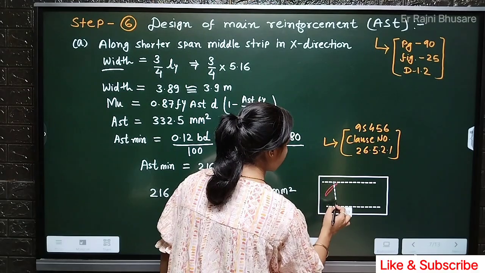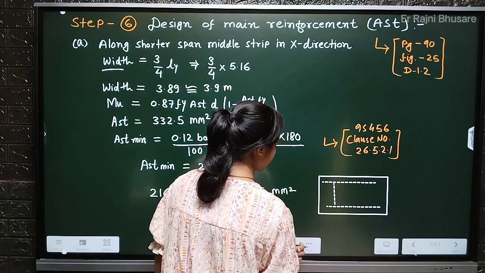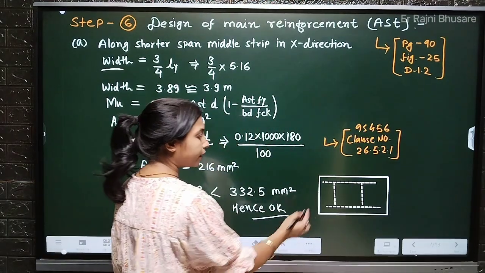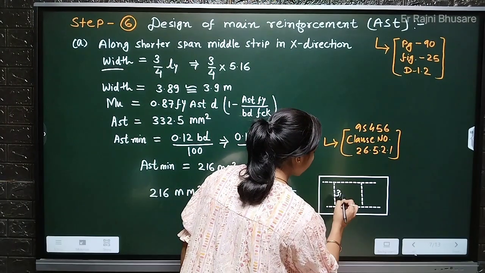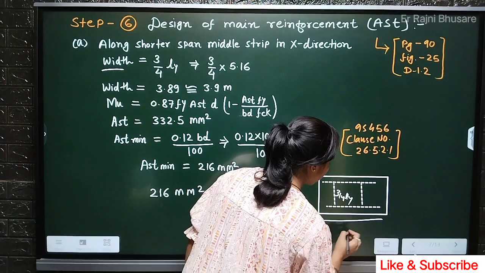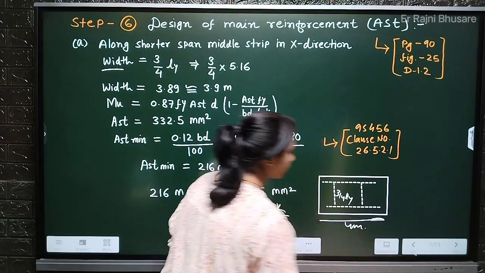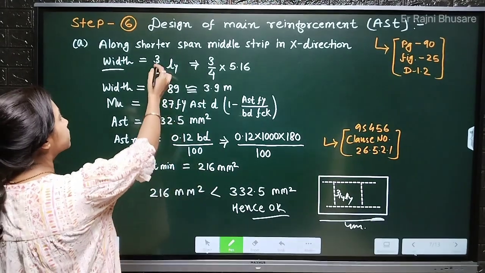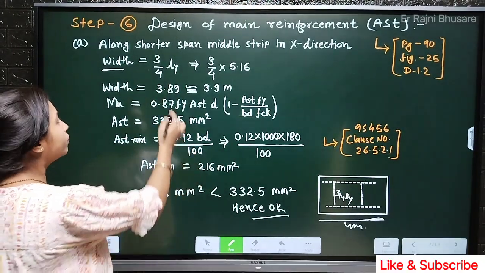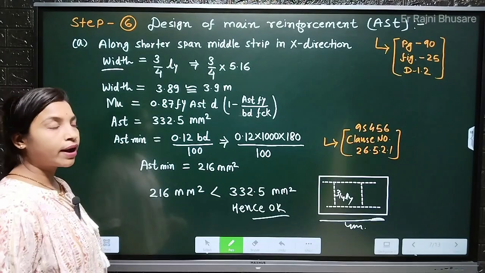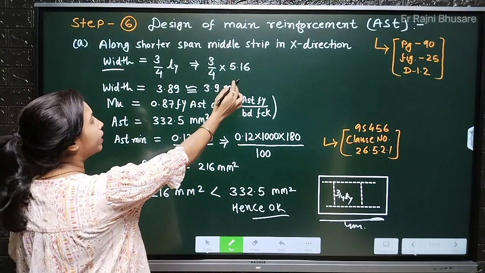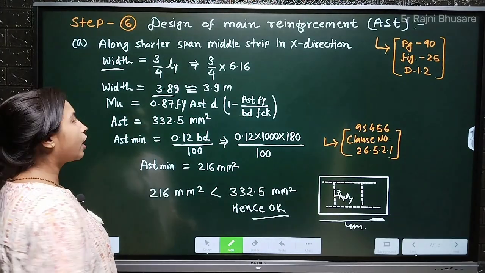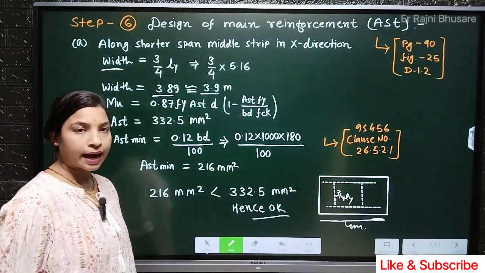And also this is the middle strip, and their dimension is 3 by 4 Ly, and this is our shorter span, 4 meter. So here we will calculate width. Their dimension is 3 by 4 Ly. We have to calculate Ly, the value of 5.16. So our width is 3.89 and I am rounding the value to 3.9 meter.